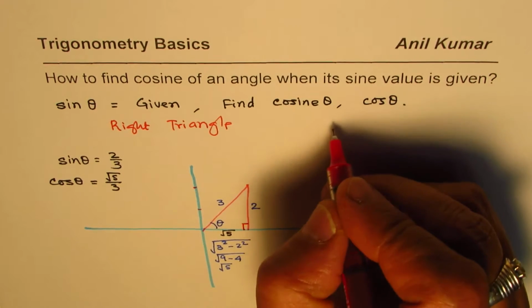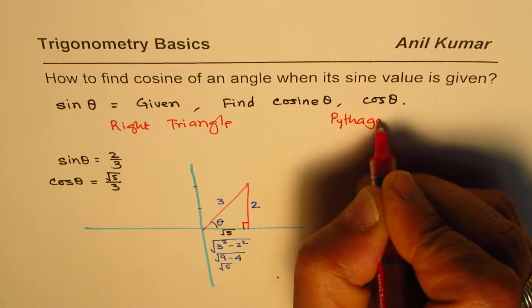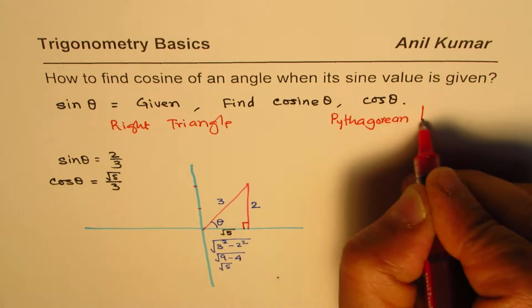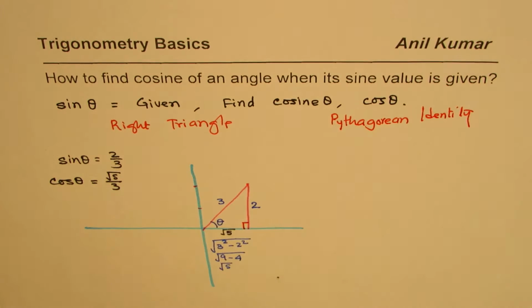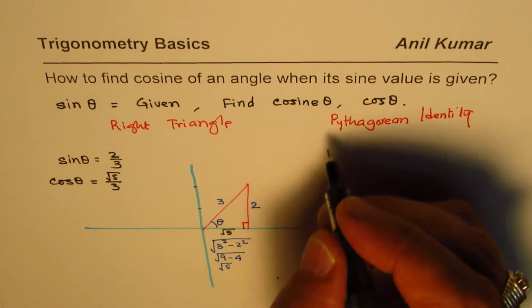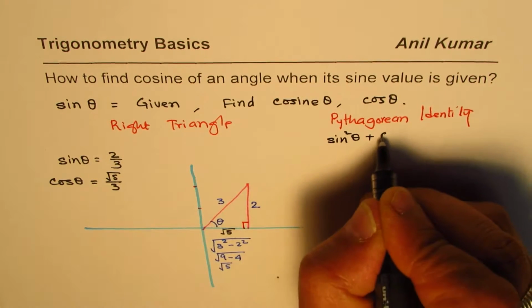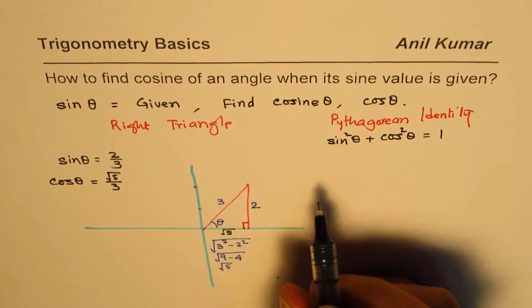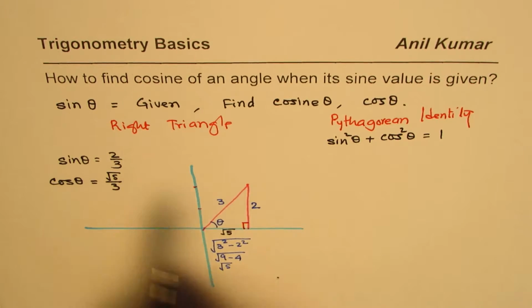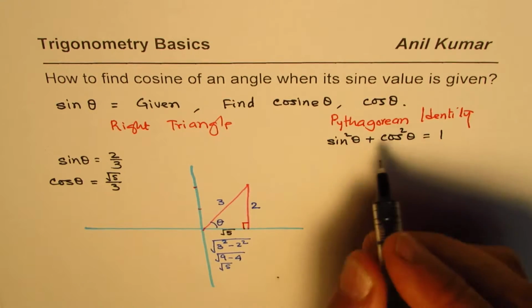Now there is another way, in which we use the Pythagorean identity. Now see carefully what happens. Pythagorean identity is that sine square theta plus cos square theta equals 1. Now if I know what sine theta is, I can find cos theta by rearranging this formula.